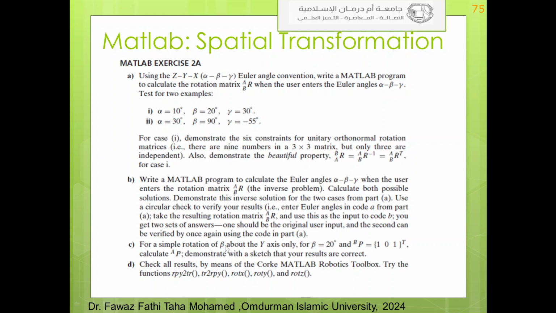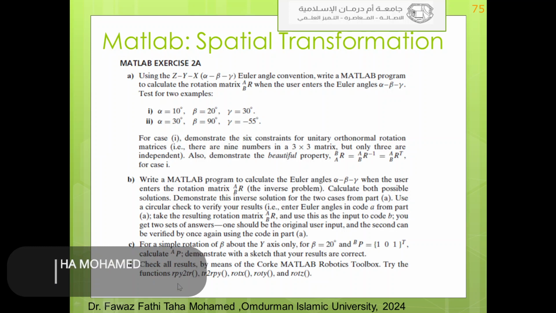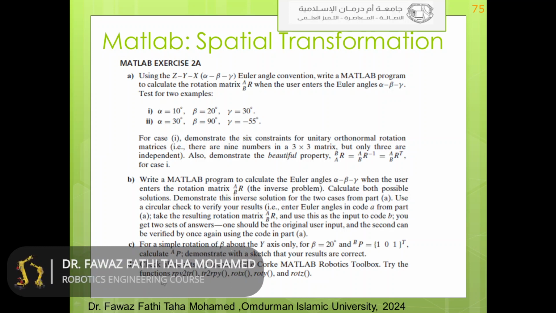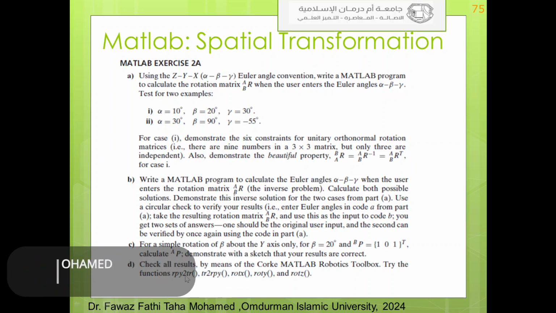For a simple rotation of beta about the y-axis, here we have a rotation matrix and we have a vector B. Calculate PA, the new vector after rotation around the y-axis. Demonstrate with a sketch that your results are correct. So we have to check all results by means of the Matlab Robotics toolbox.